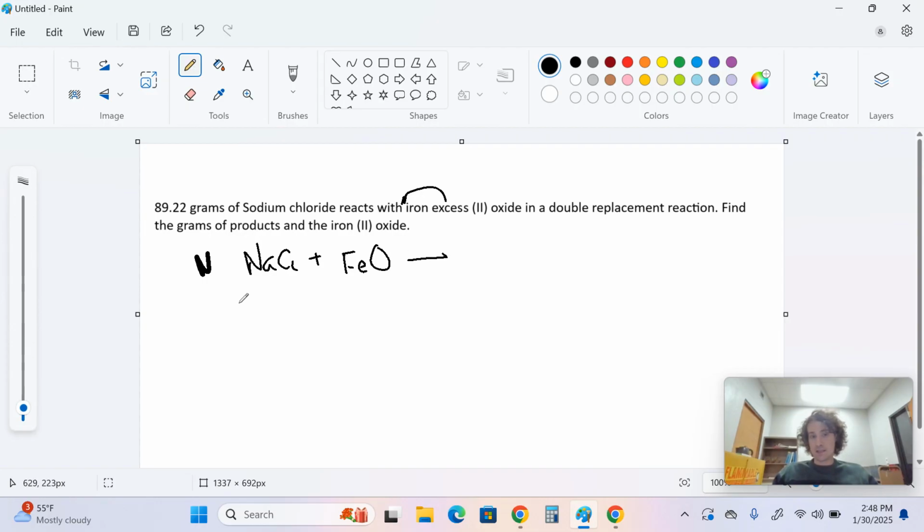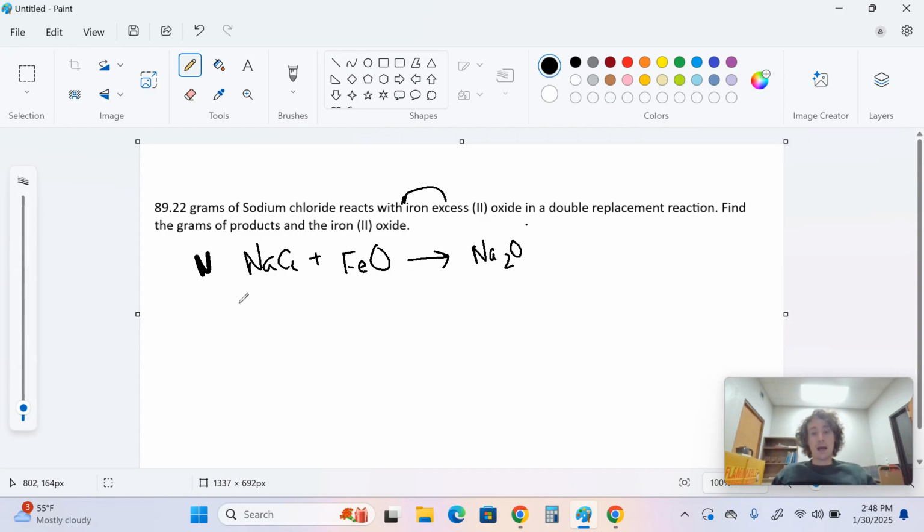So then this is going to make something. What's it going to make? It's a double replacement reaction. So we're going to swap cation for cation, or you could say swap anion for anion. It doesn't make a difference as long as it's a positive with a negative, and positive should always be first. So we're going to make sodium oxide, which is Na2O, 2 sodiums, 1 oxygen.